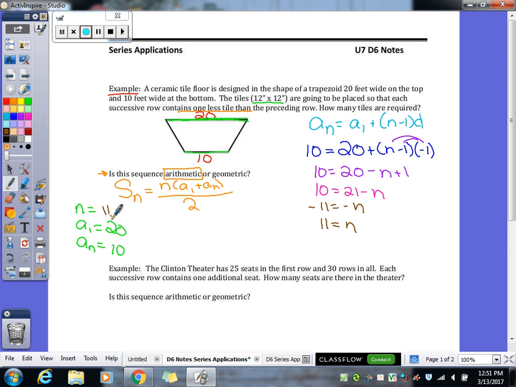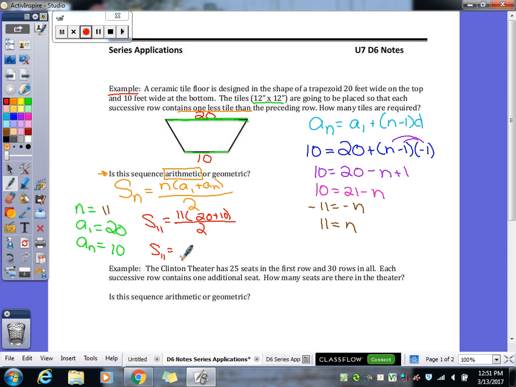Now we can plug into our sum formula. S sub 11 equals 11 times 20 plus 10, all over 2. Go ahead and type that in your calculator and let's see what we get for our sum.